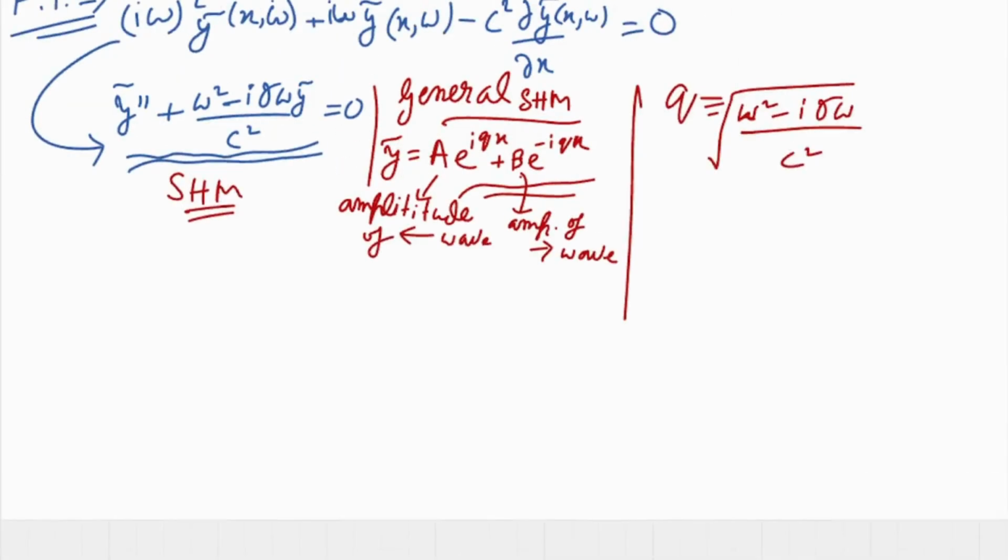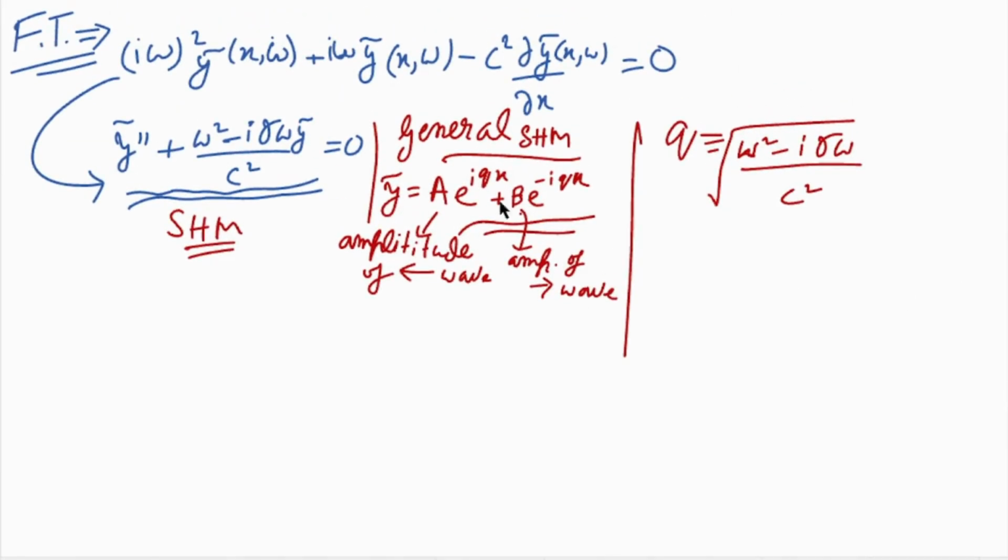Now, if we take our previous y tilted that we got in our previous page, and apply inverse Fourier transform, then we would get our y in natural space, right? So let's do that.